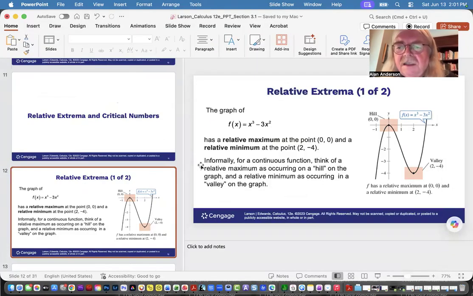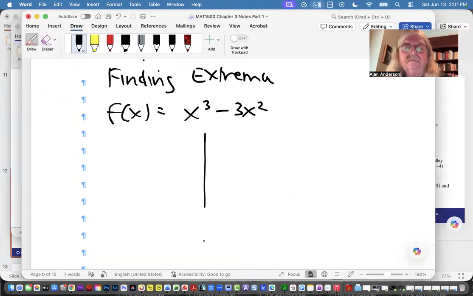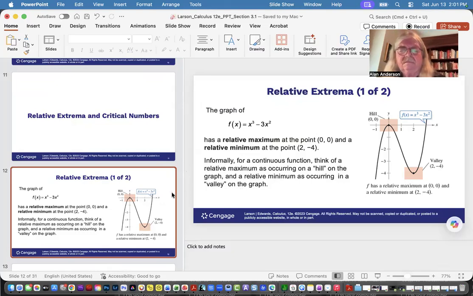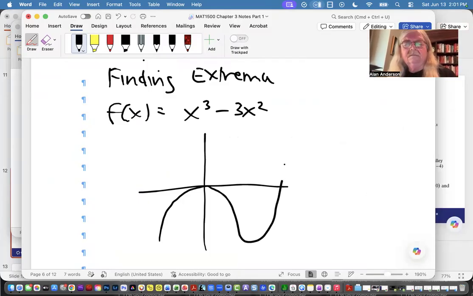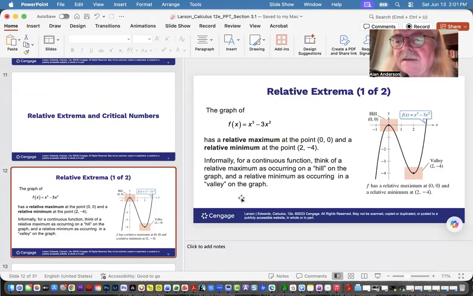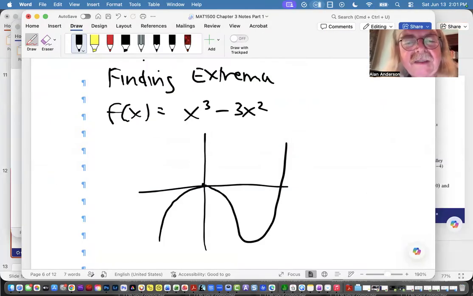And here's roughly what it looks like. All right, well, that's not the best, but it'll do.